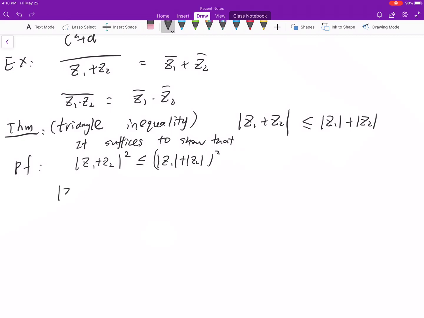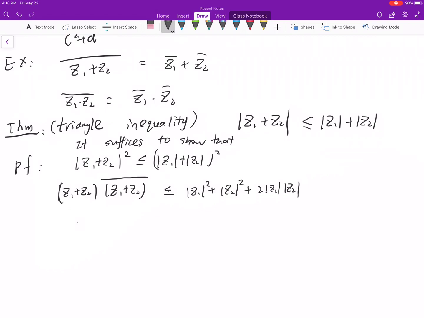And then the left-hand side equals (z1 + z2) times the conjugate of (z1 + z2). The right-hand side, you just expand it in the usual way.